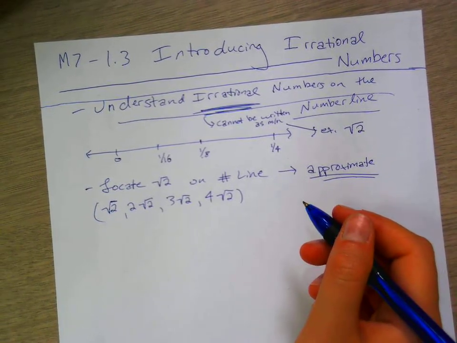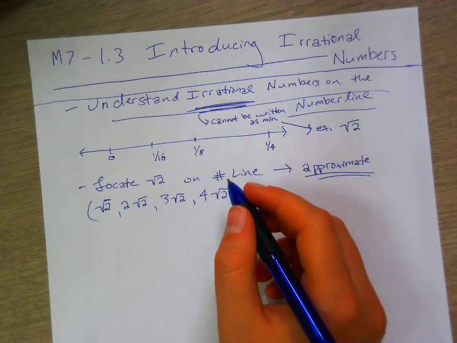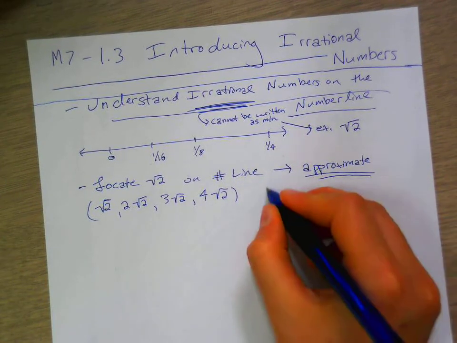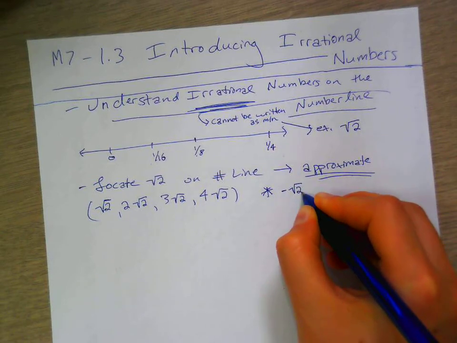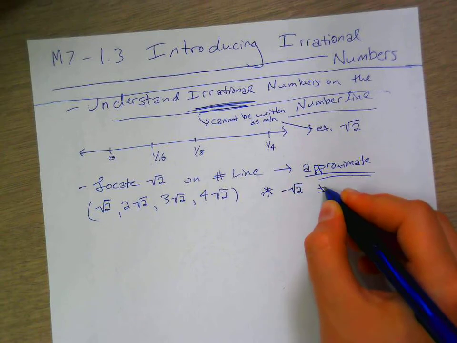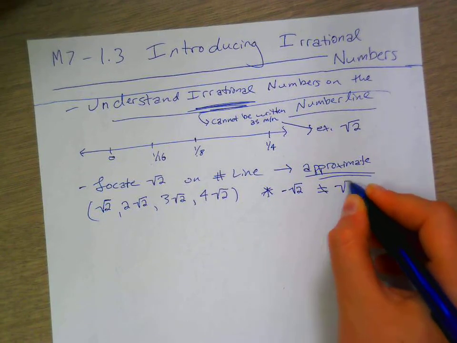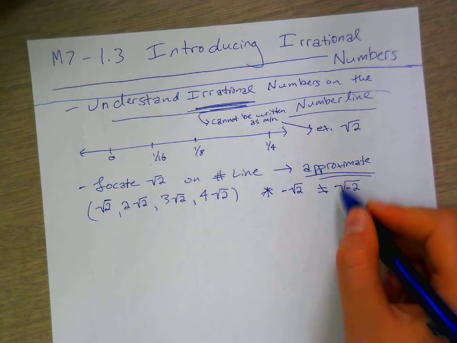Okay? Irrational numbers. Let's make a note here, a star, that negative square root of 2 is different. It does not equal the square root of negative 2. That is actually an imaginary number, and we don't want to get there yet.